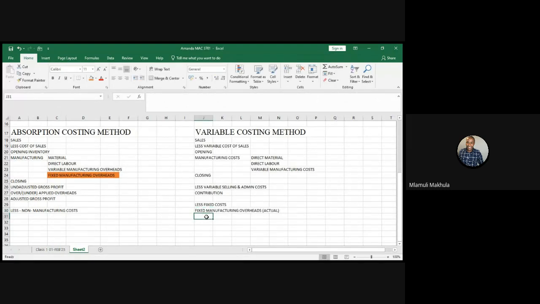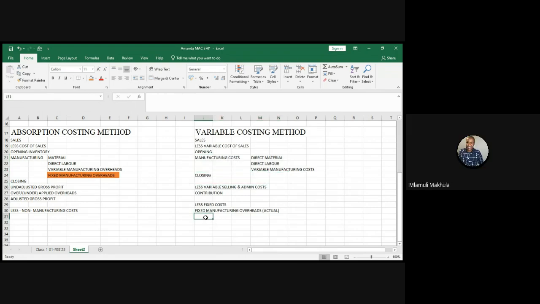I'm a little bit confused. Didn't we say with the variable costing method, we don't consider fixed manufacturing overheads? Good, that is your product cost. But here we are doing the income statement. Okay, makes sense. I get you now.